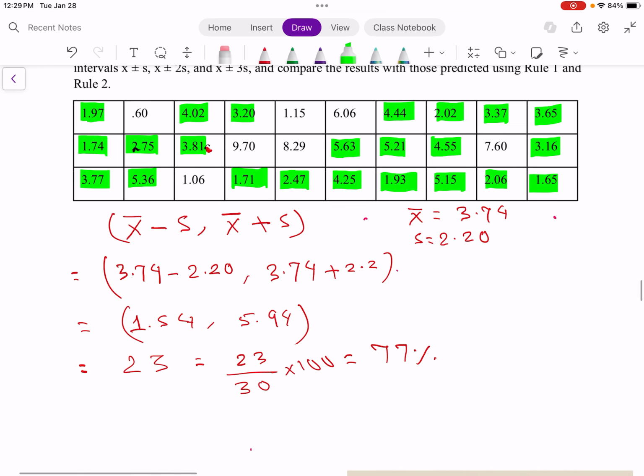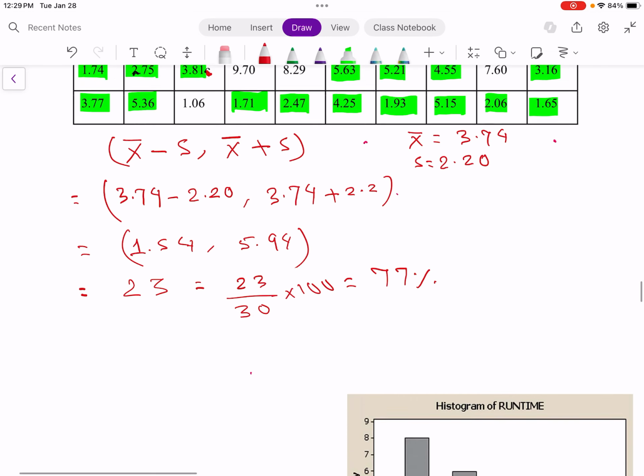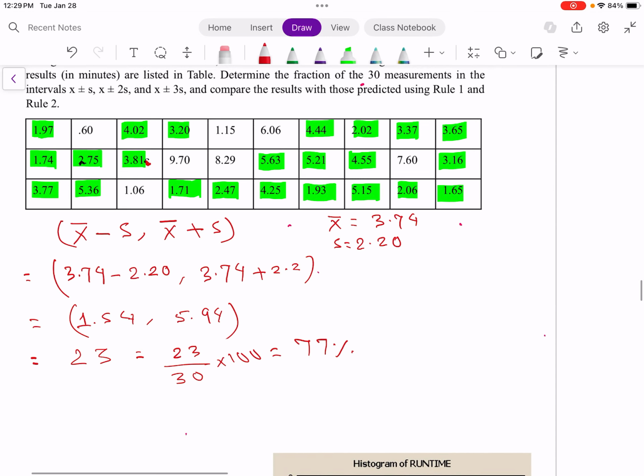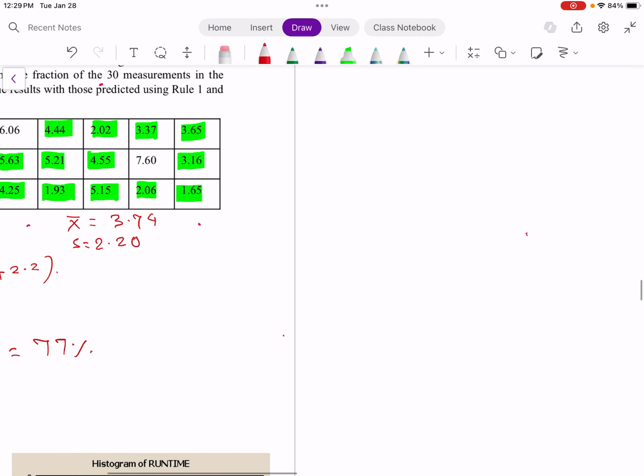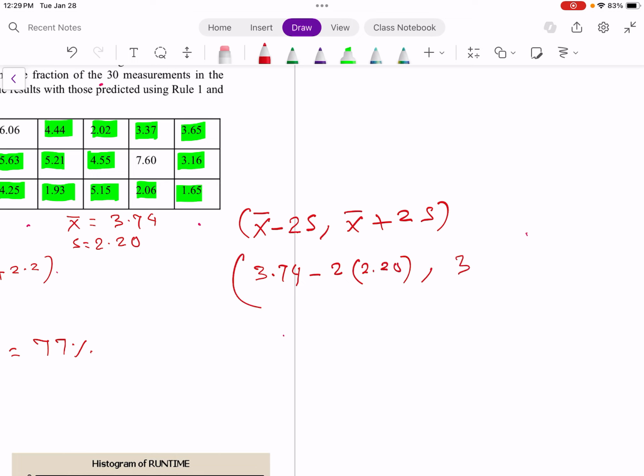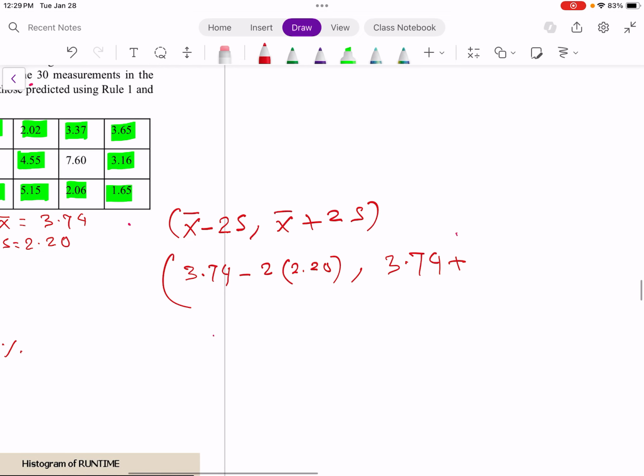So what does it mean by finding 2 standard deviations of a mean? You are finding an interval, x bar minus 2s to x bar plus 2s. Now let's substitute. X bar is 3.74 minus 2 times 2.20, and 3.74 plus 2 times 2.20.